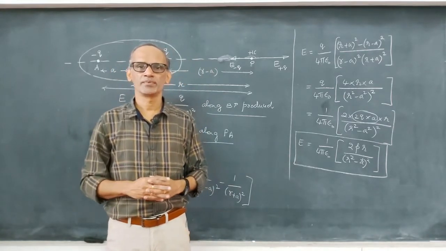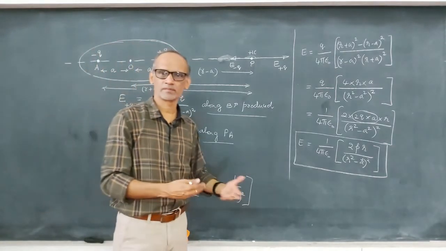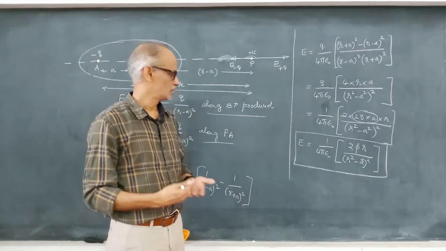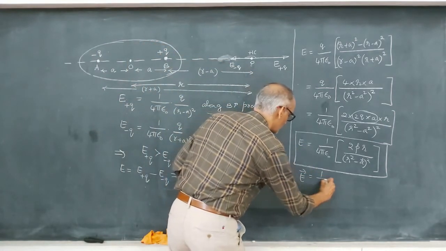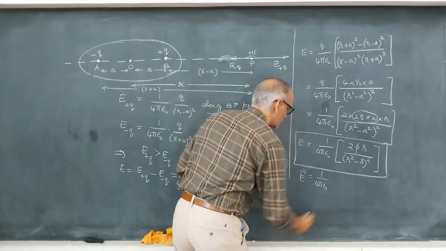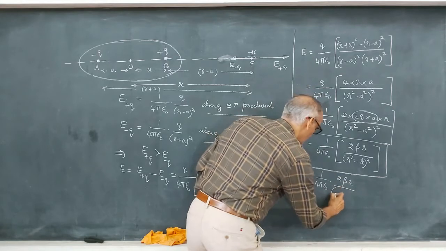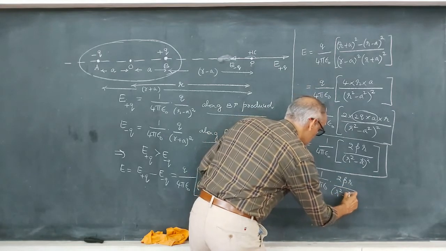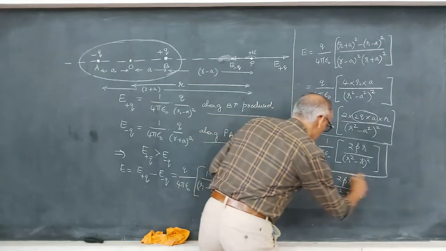So this is an important derivation, and what you need to do in the exam is you have to write one more step, which is in vector form. So what is that vector form? Since electric field is a vector, do write like this: vector E is equal to 1 by 4 pi epsilon naught 2pr by r square minus A square the whole square, and then introduce a unit vector called P cap.